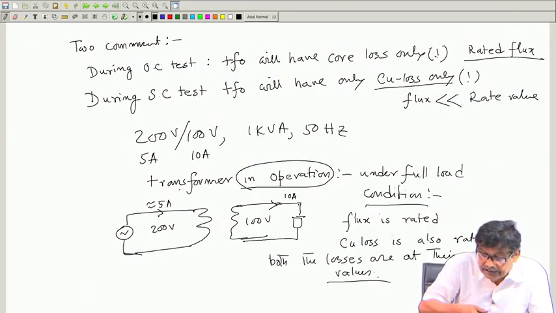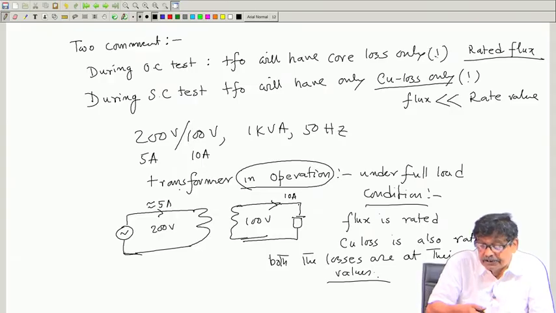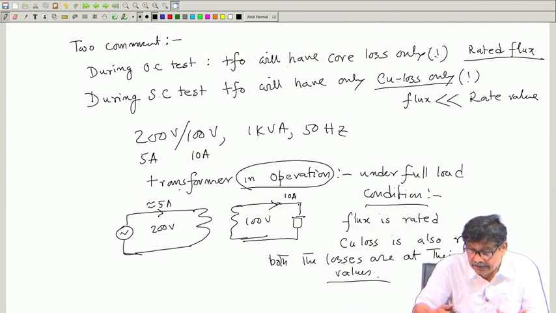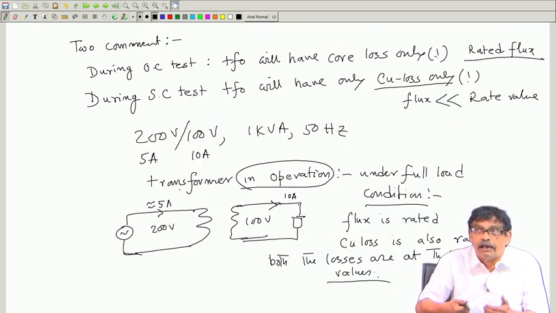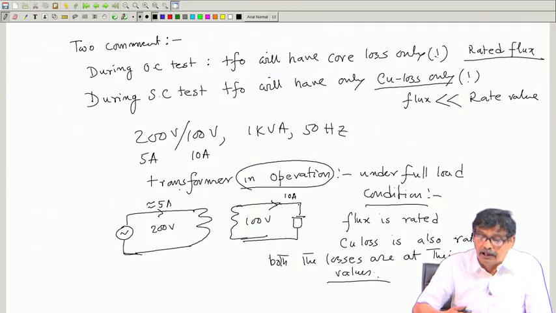But when the transformer will be operating at rated voltages and also windings are carrying rated current, that is what I would like to happen. I would like to see this thing happens, then only I will be satisfying myself.